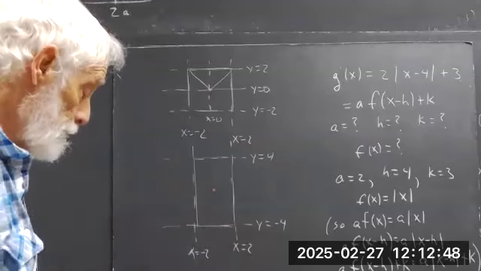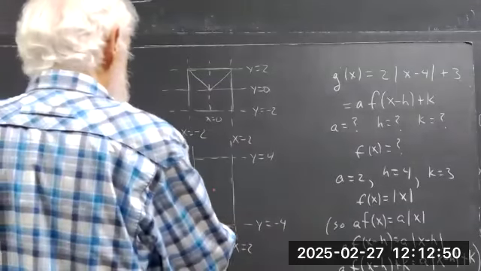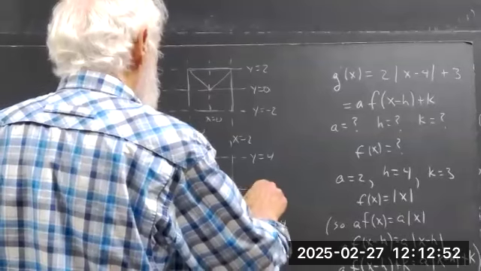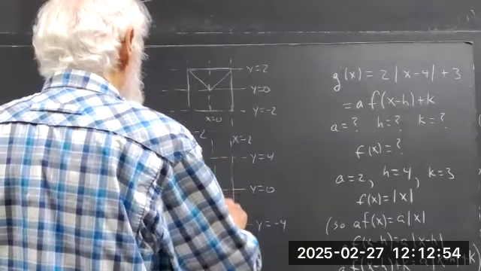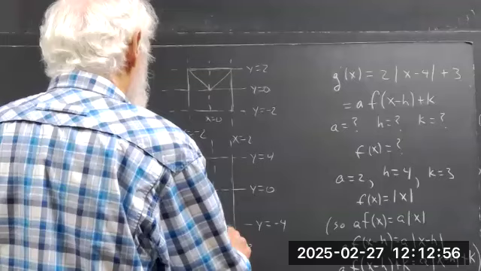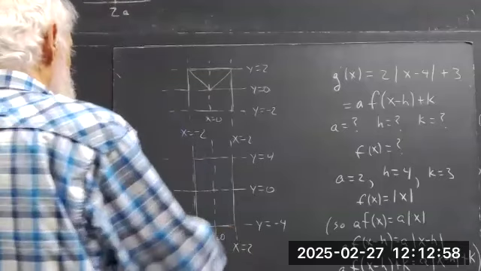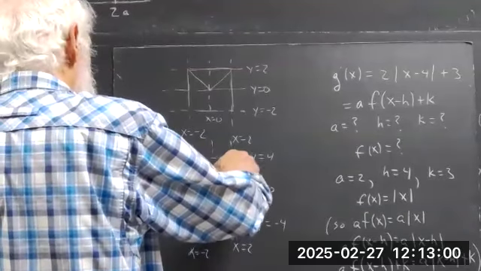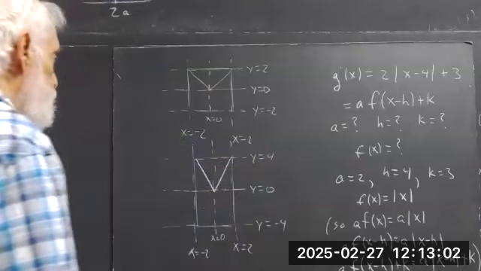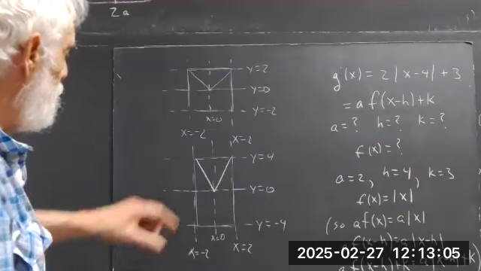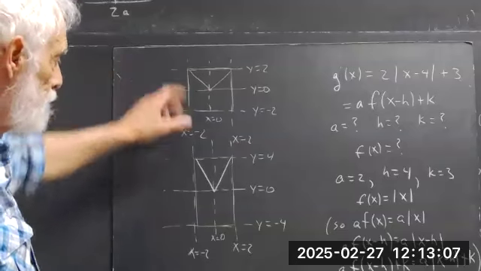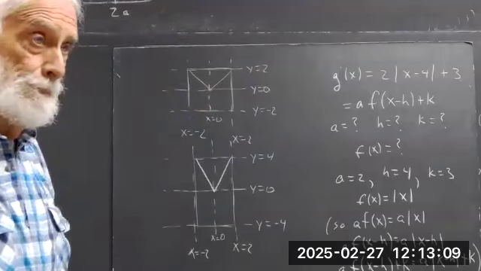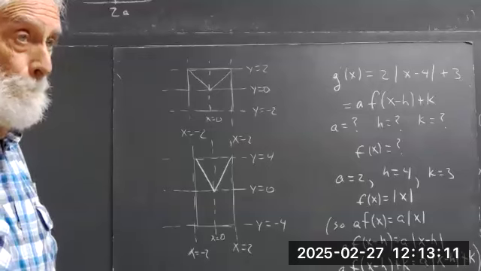Our origin is still in the middle. So now our graph is like this. If this was to the same scale, it would be twice as steep. Okay.